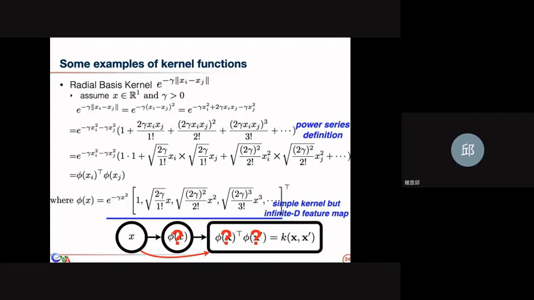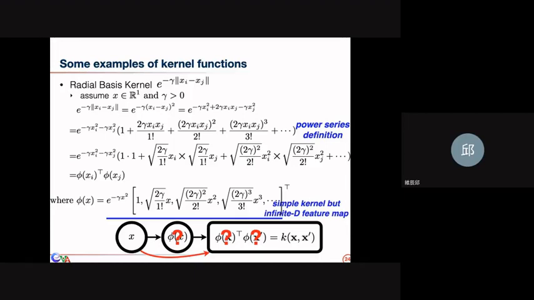Here I just want to give you a very simple derivation. You can see this is the kernel function, and we can rewrite it. This is the L2 norm, so basically it is xi minus xj squared.